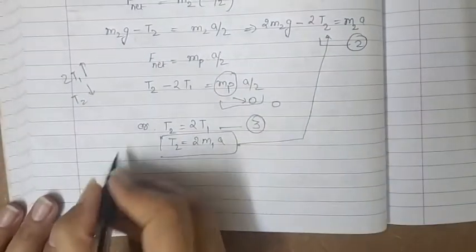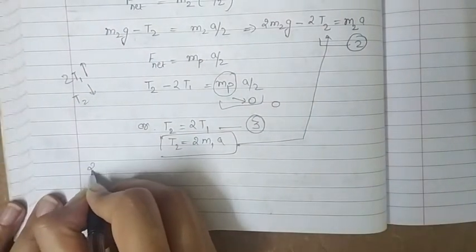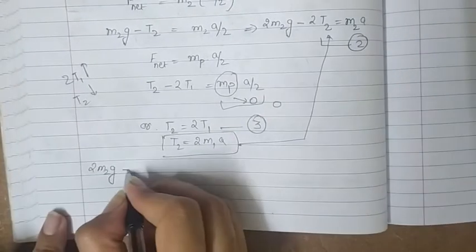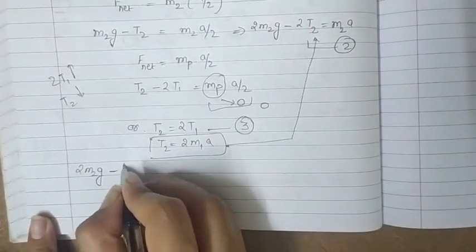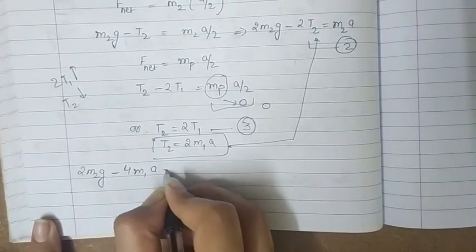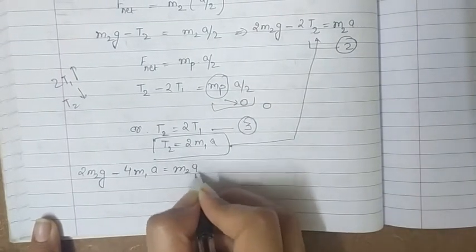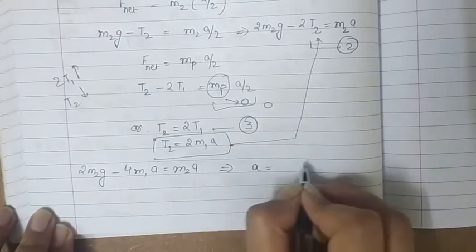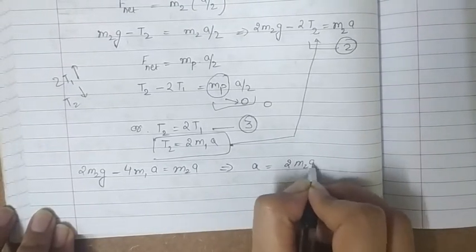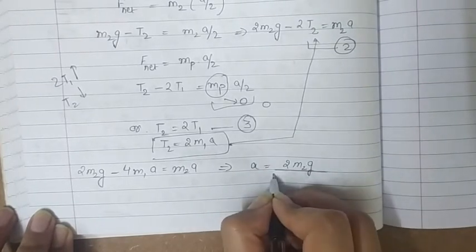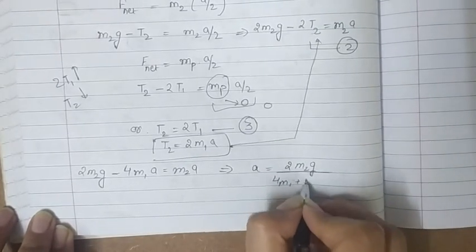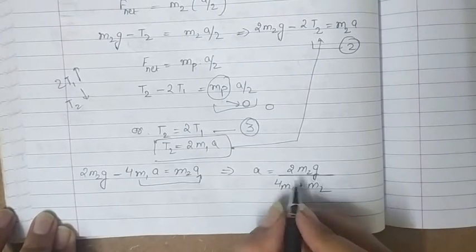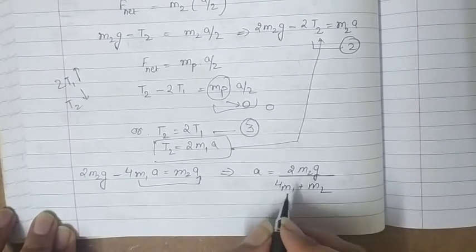So from equation number 2, we get 2M2G minus 2T2, and 2T2 means 4M1A, is equal to M2A. On solving this, we get the acceleration equal to 2M2G upon 4M1 plus M2.